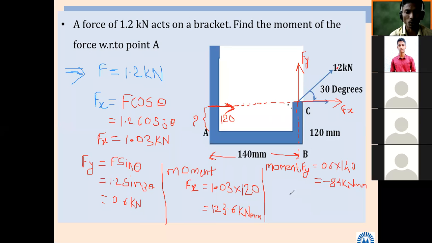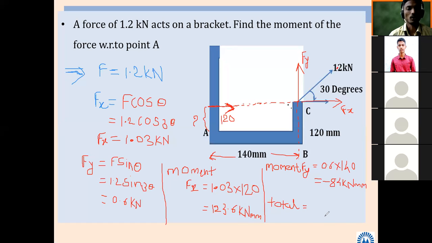Therefore, total moment due to the 1.2 kilonewton force. Next sentence you can write something like this. Total moment, like this you can write the sentence, and you can add the moment due to Fx and the moment due to Fy.